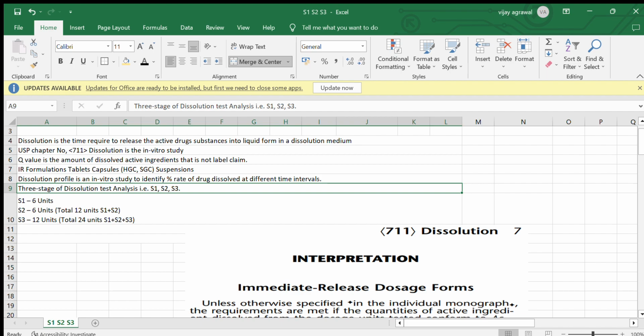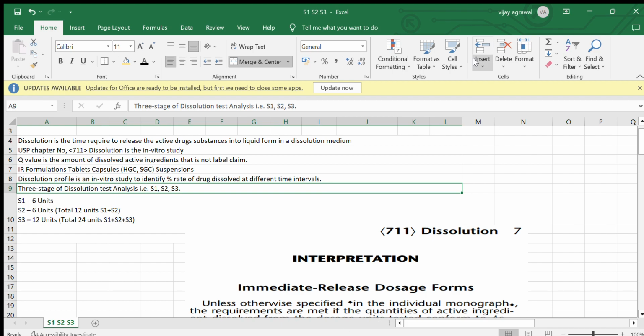So for a formulation you have taken 6 tablets, you have performed S1 testing, and if it is passing, then the dissolution test is passing. If the formulation fails in the S1 test, then another 6 units will be tested and the formulation will be going to S2 stage.